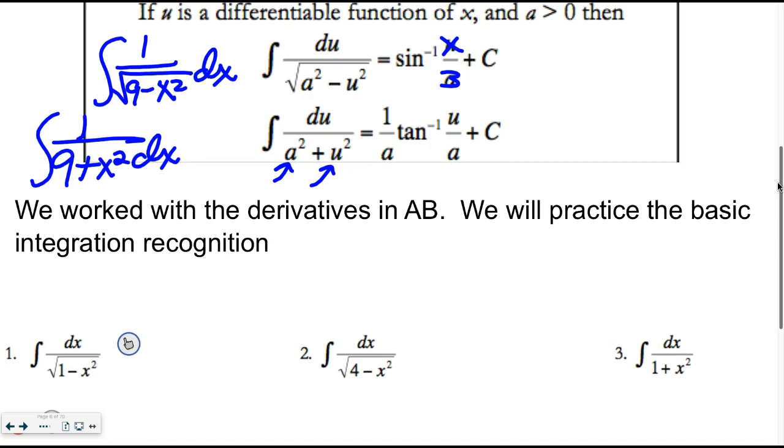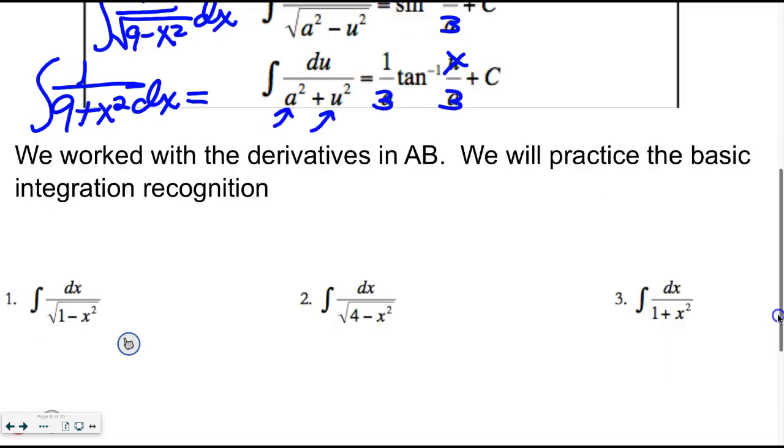It looks a little arctan-y because it's prettier. Had there been a negative, it would look a little bit arccotan-y, right? So anyway, A is 3, arctan u over a plus C.